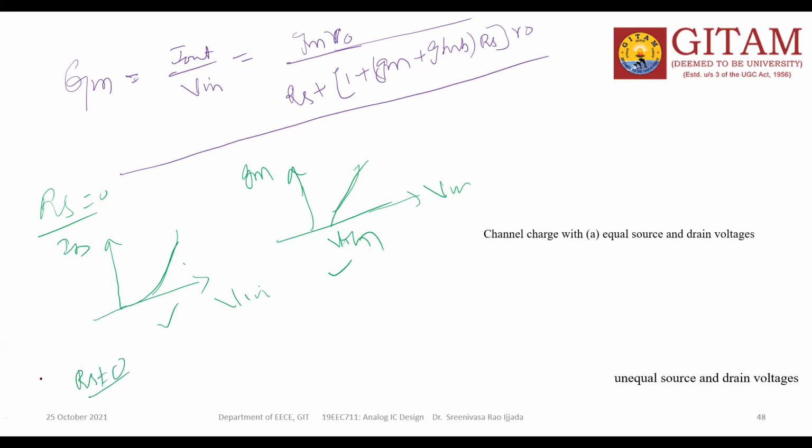This characteristic, ID versus Vin, will improve. See, you are getting like this, more linear. And the slope of this is approximately equal to 1 by Rs. This is the VTH. Okay, and this characteristic will be improved like this.